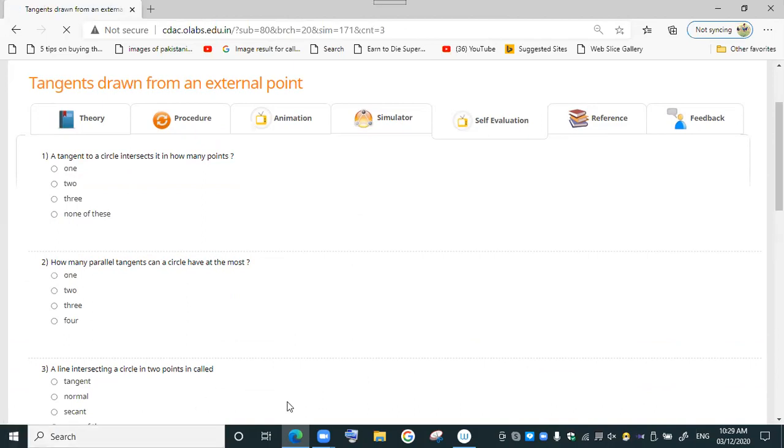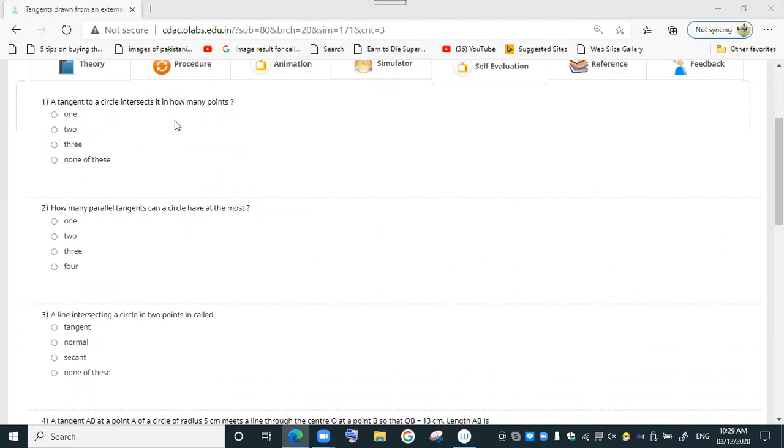Now you should tell me the answers. All of you are allowed to unmute yourself if you know the answer. A tangent to a circle intersects it at how many points?